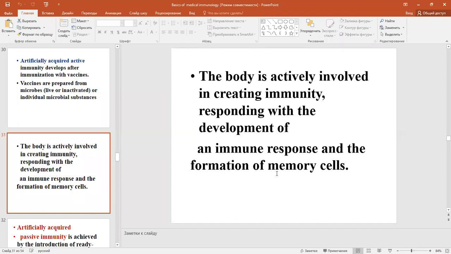So adults are not protected, and adults are able to be infected by the measles virus, mumps virus, by causative agents of whooping cough. So these are not just children's infectious diseases, and adults have the same diseases because they are not protected. Artificial immunity is not life-lasting immunity, of course.